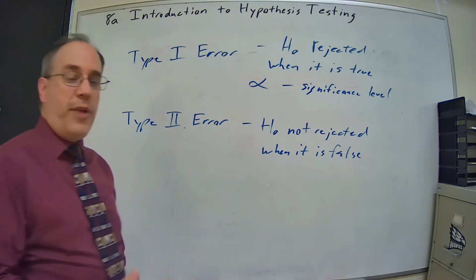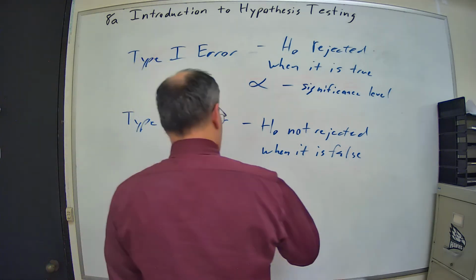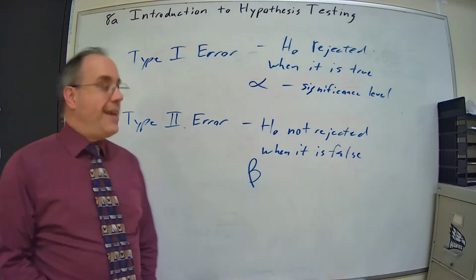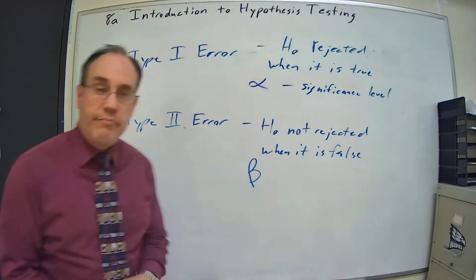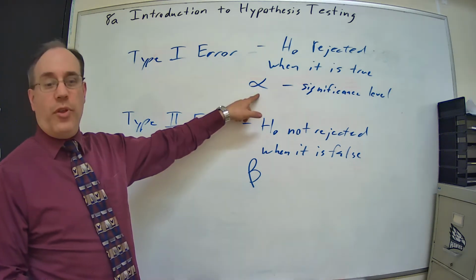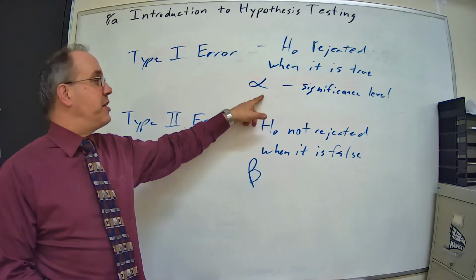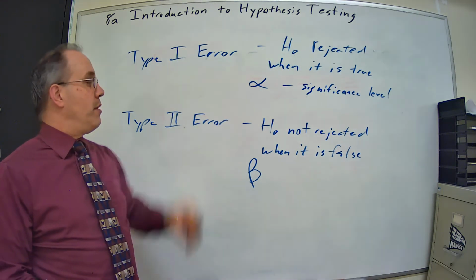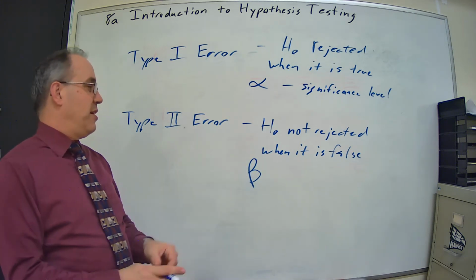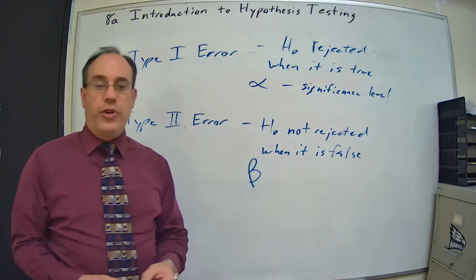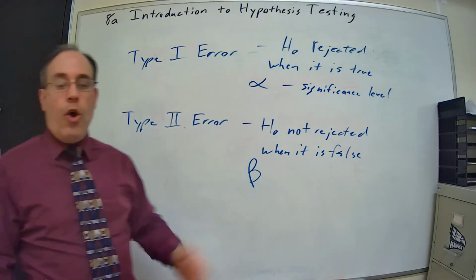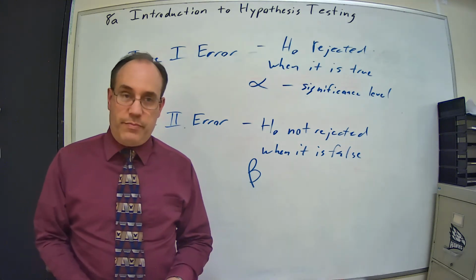And the probability of making a type 2 error is beta, that's the Greek letter beta. And I'm not going to give you any name for it because we're not going to deal with that. Okay? We're going to deal with alpha. That's what's going to matter to us, the significance level. But the probability that we didn't reject it when we should have is beta. So our type 1 error and type 2 error, we work with type 1 errors.